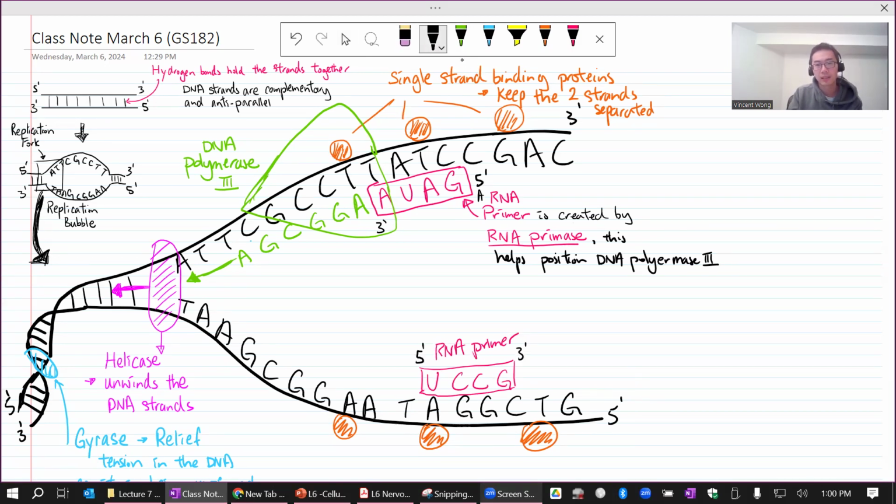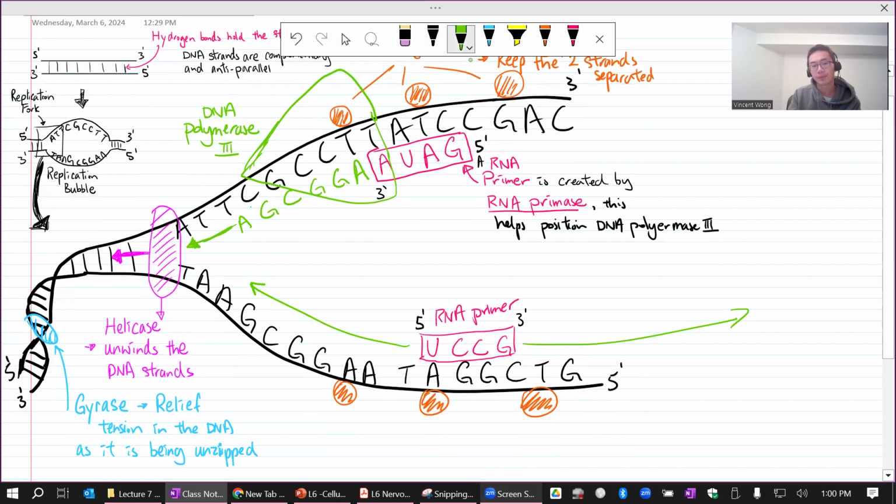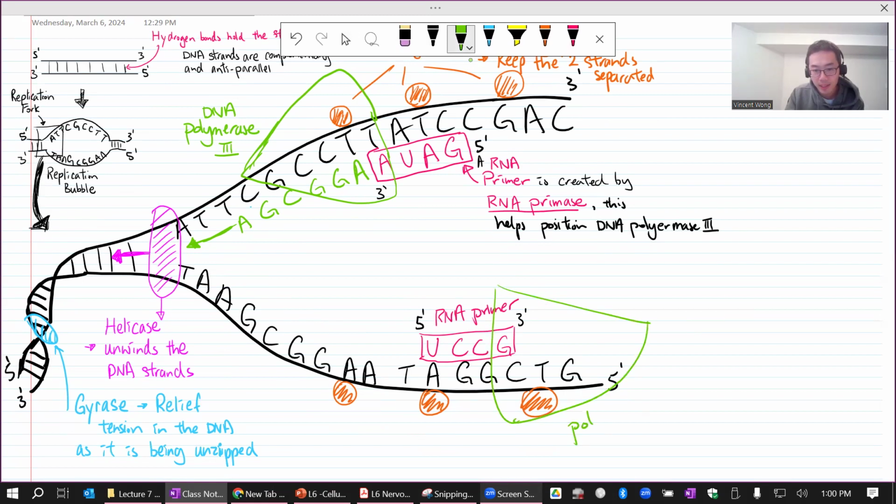And this is 5'. So when the polymerase comes, is it going to continue to the right or to the left? What do you think? Right. To the right. It's going to go to the right because it can only go from 5' towards the 3', right? Okay, so polymerase 3 is going to come. This is another polymerase.